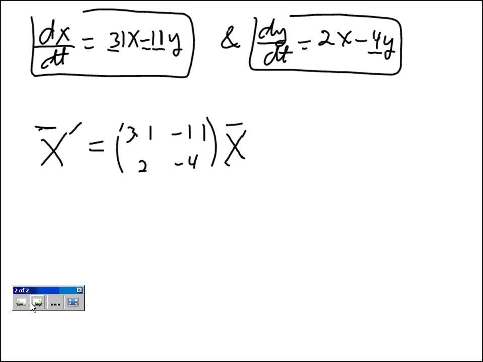Right, let's try another one. This one will be more difficult. It'll have x's, y's, and z's, and t's for each derivative.